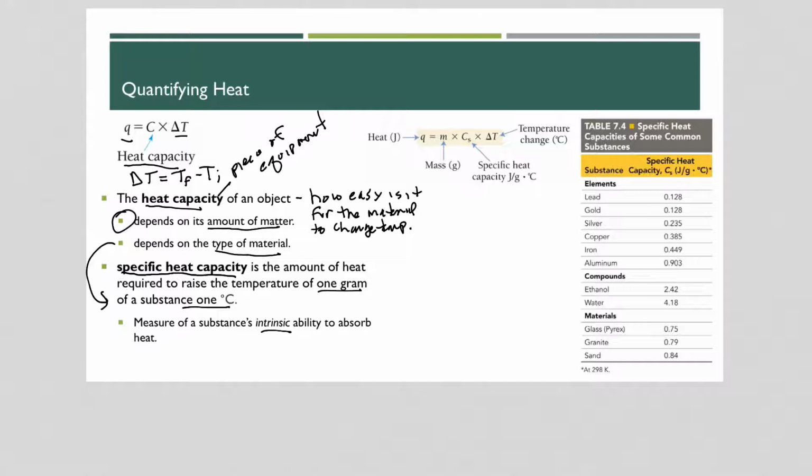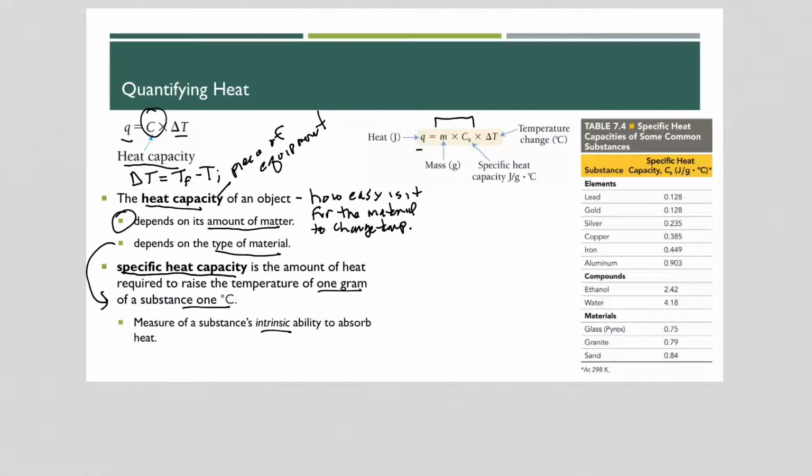So if we look at a new equation here, where we've taken, again, our heat, but we've taken what was the heat capacity here, and we've divided it into two terms. One is the mass, so how much material we have now, and this specific heat capacity. Now notice the units here is joules, so energy per gram degree Celsius.